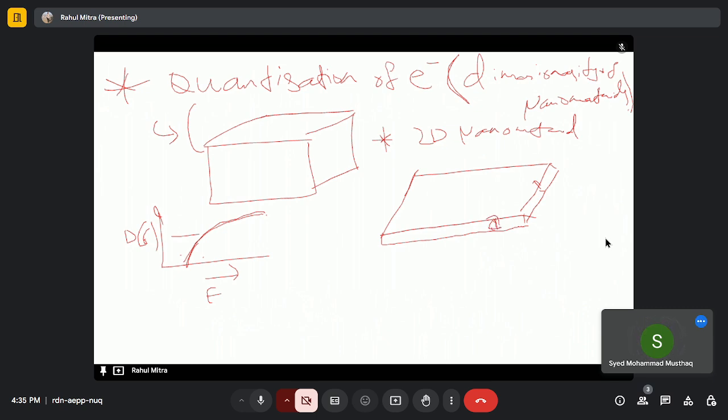So in a 2-dimensional nanomaterial, the electrons can move freely in the x and y direction, but they cannot do the same in the z direction. Why? Because of the quantization in the z direction, right?